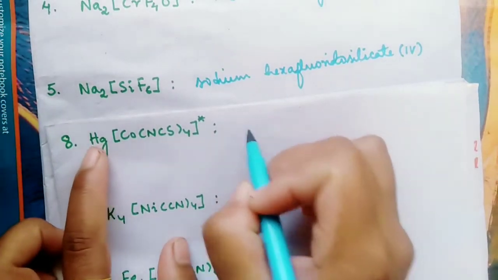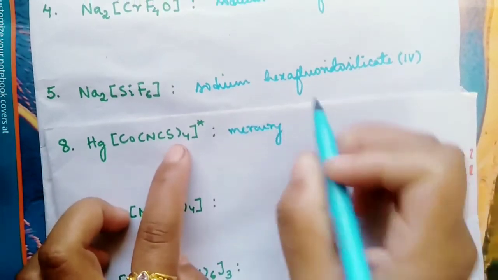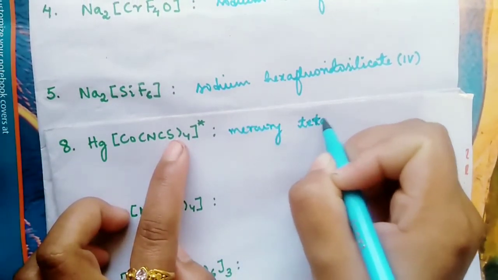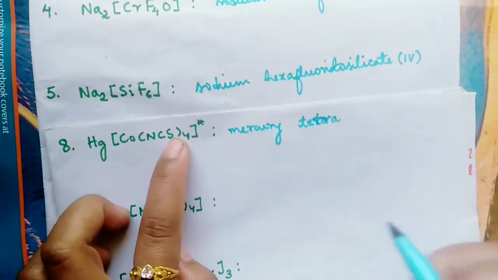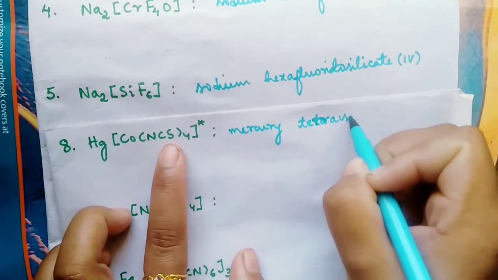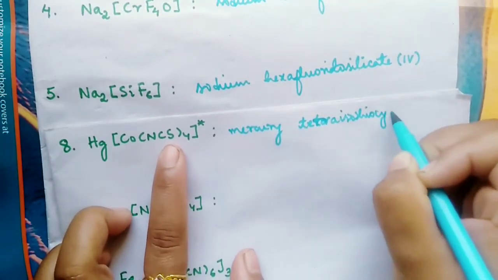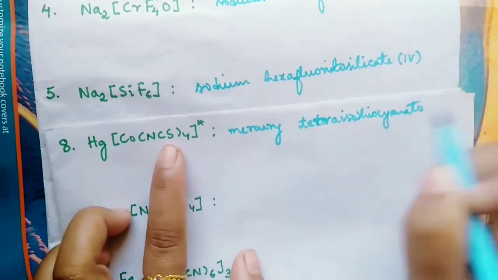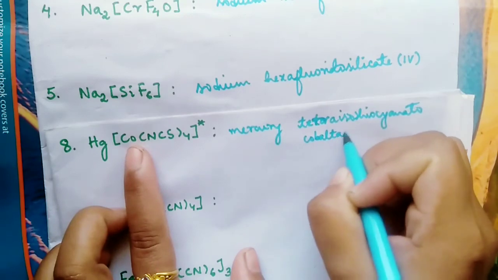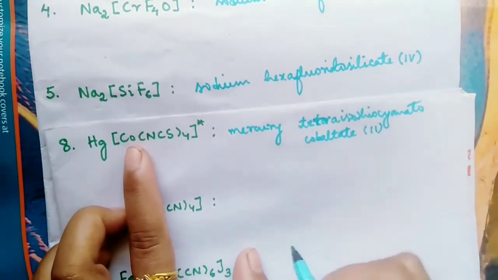And what about this one? Mercury, leave some space. So this one has 2 names. Tetra isothiocyanato cobaltate, oxidation state 2.